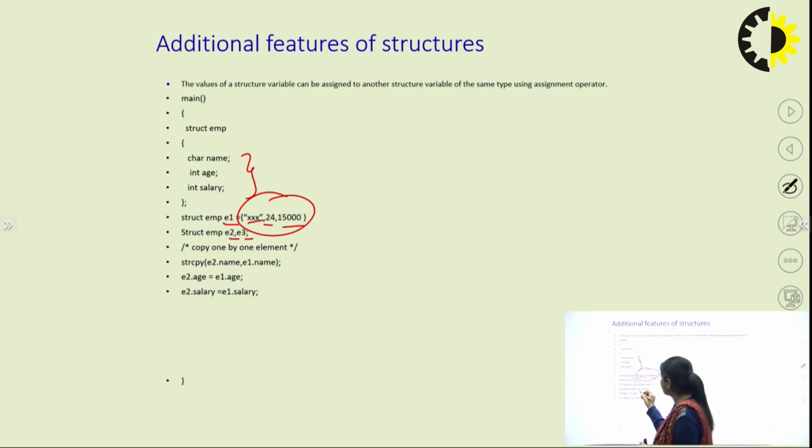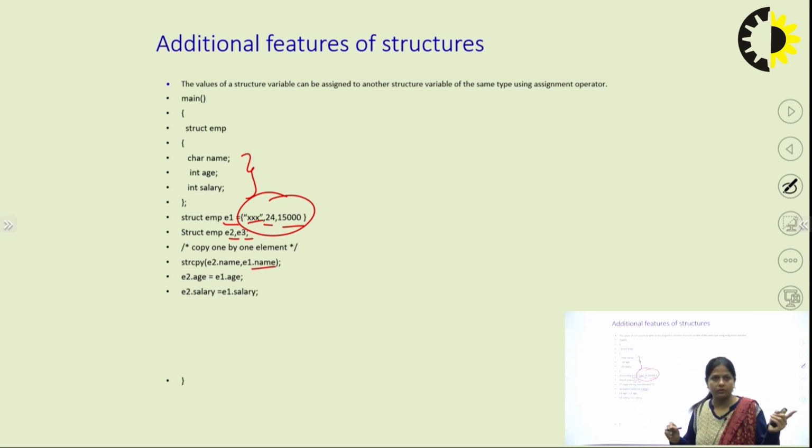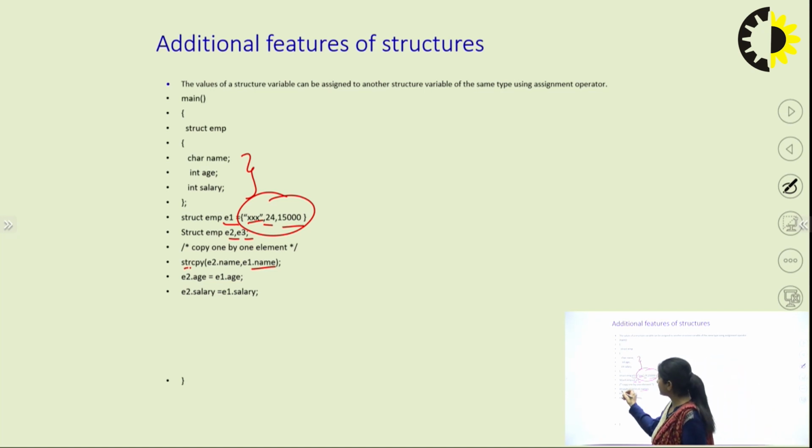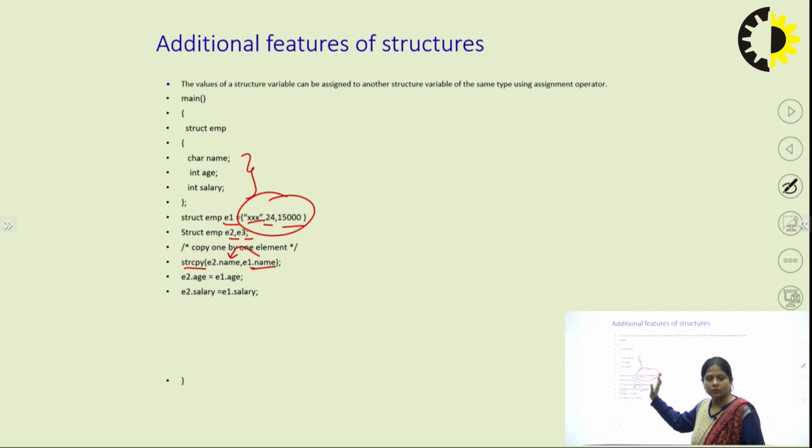As we discussed earlier, strcpy is a string function to copy one string to another, right? So we have used the strcpy function to copy the name of employee 1 to employee 2. The name of employee 1 will be copied into the name of the employee 2 variable, right?